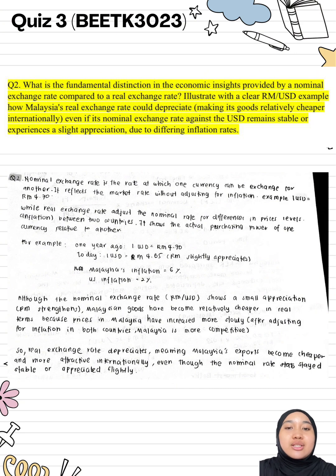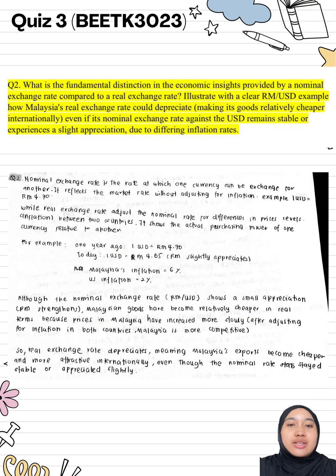Okay, now let's look at the example of how the real exchange rate can depreciate with a stable or appreciating nominal rate. Let's say 1 year ago, 1 US dollar equals 4 ringgit 70 cent, but today 1 US dollar equals 4 ringgit 95 cent. So the ringgit slightly appreciates, but in the same period, Malaysia's inflation is 6% and US inflation is 2%.